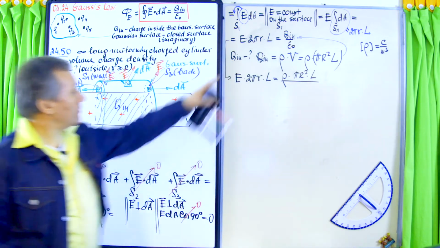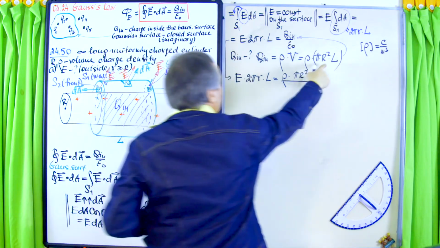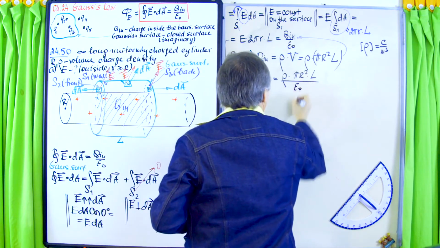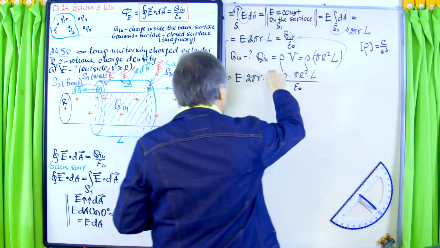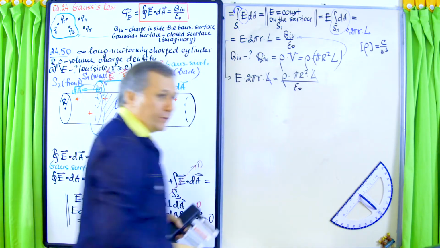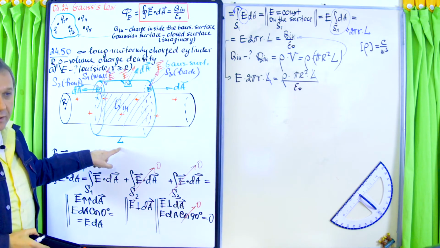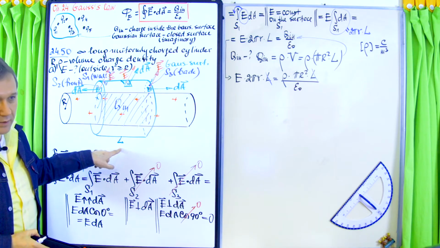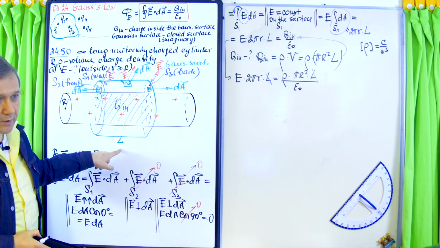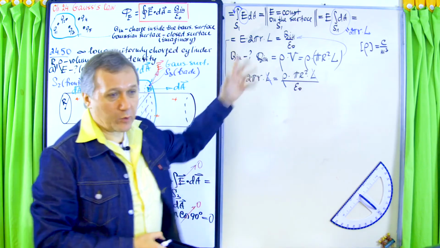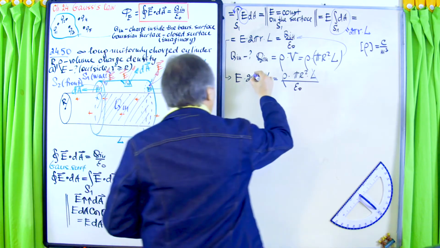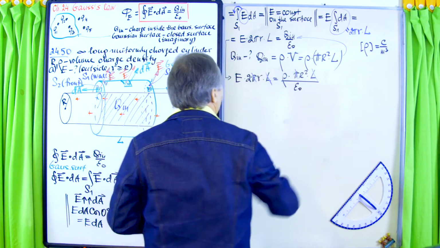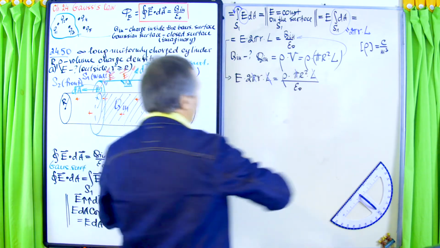I'm just rewriting this, plugging in Q enclosed. Okay, let's see what can be cancelled. L, great. That's what we are hoping for. When I introduced this L at the very beginning, it's not given, but I introduced it, hoping that L would be cancelled at the end. And it is. Then pi goes, and that's it.